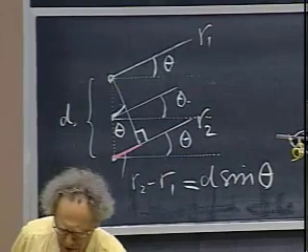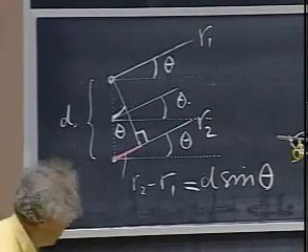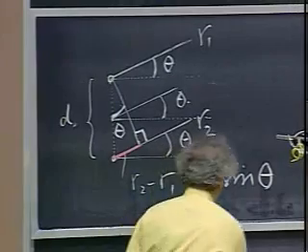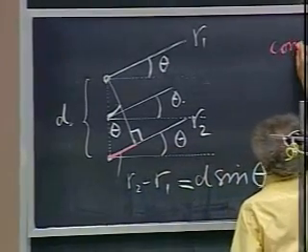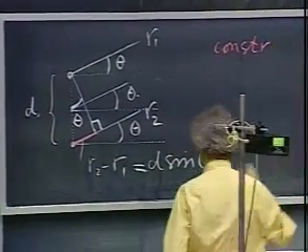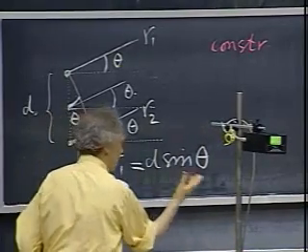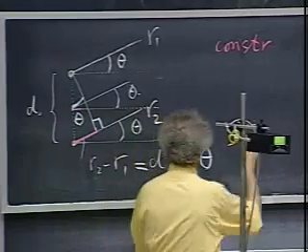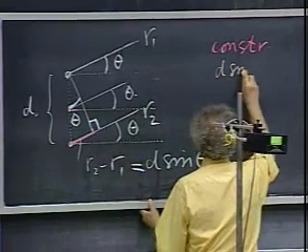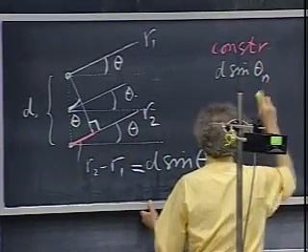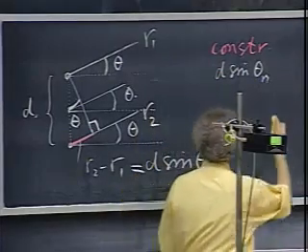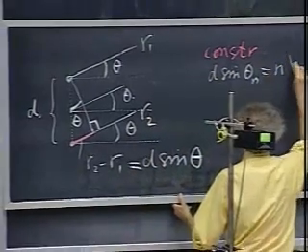And so now I'm in business, I can predict in what directions we will see constructive interference, because all we are requesting now is that R2 minus R1 is n times lambda. And so we need that d sine theta, and I'll give it a subindex n, as in Nancy, equals n times lambda.